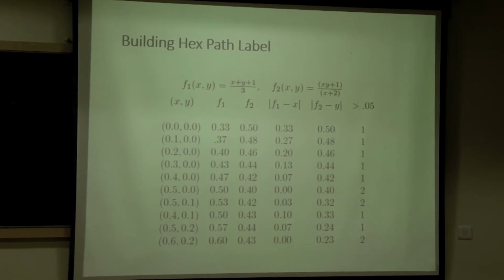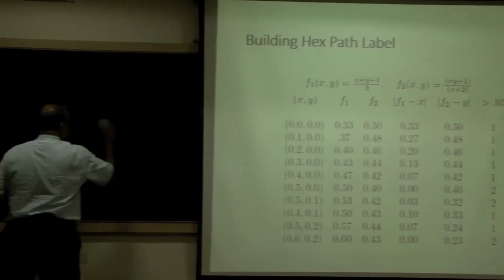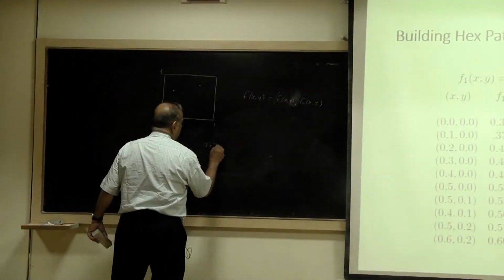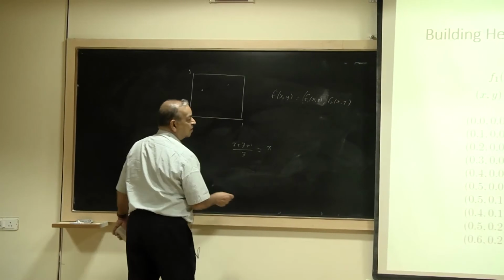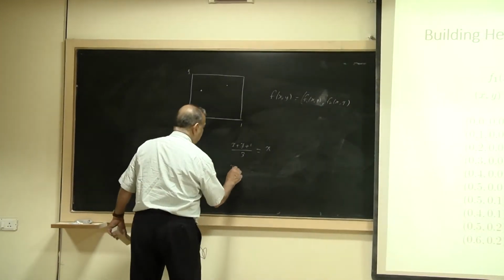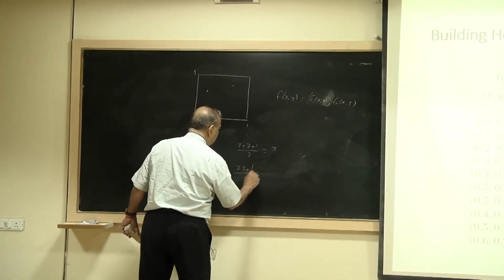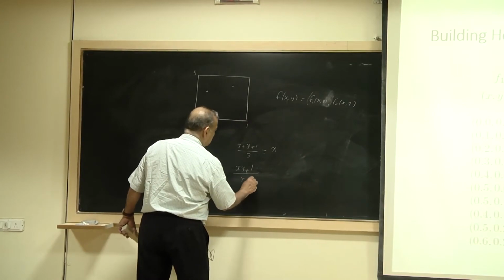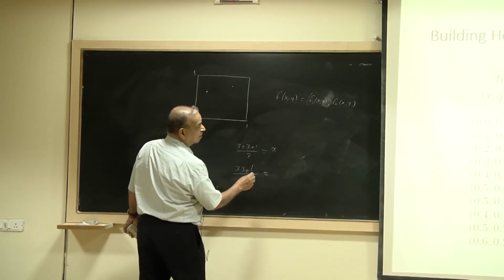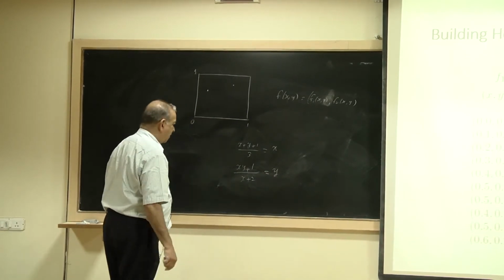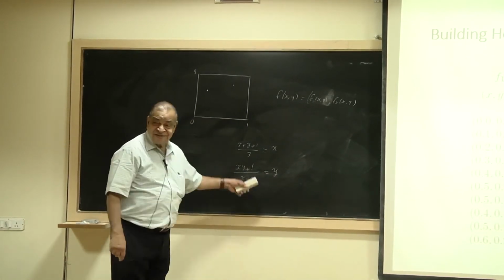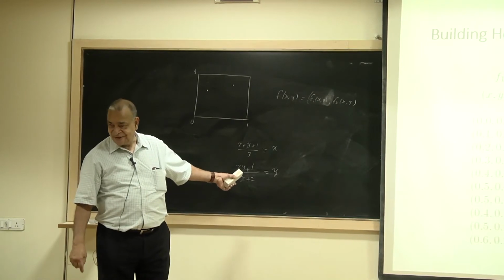Okay, that is equivalent to solving these equations. What is that equivalent to? It is equivalent to (x plus y plus 1) over 3 equals x, and (xy plus 1) over (x plus 2) equals y. This is easy to solve now.